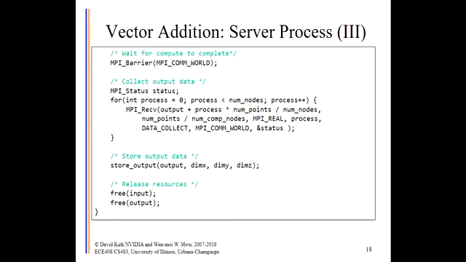So the server is going to call this function, and it's going to be waiting at the barrier until all the compute nodes come back. After the barrier, if the data server comes out of the barrier, that means all the compute nodes have already checked in and said, I'm ready to give you the data. Then the data server will go through the loop to receive all the data from the compute nodes.